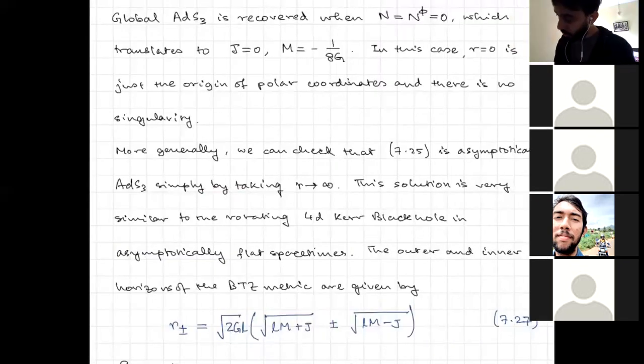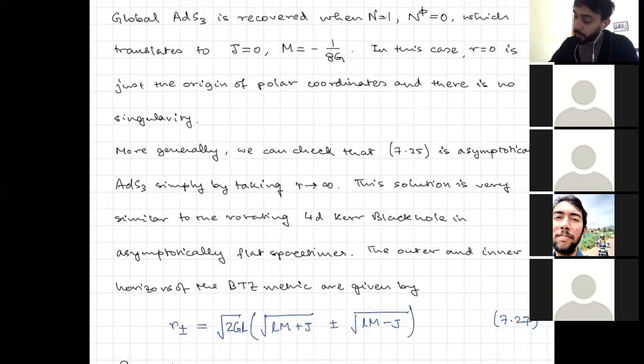There are a lot of interesting things that you can actually find out from here. N is equal to 1 and N phi is equal to 0, which translates to J equal to 0 and M equal to minus 1 over 8. This is going to be just the global three-dimensional AdS, and in this case, r equal to 0 is just the origin of the polar coordinates, and there is no singularity.